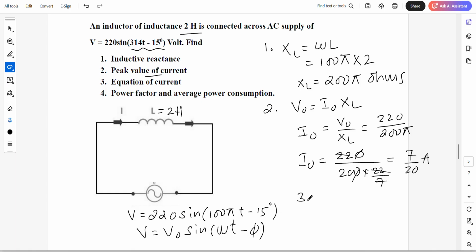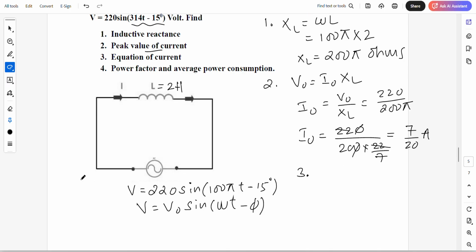Third one is equation of current. Yes, here in case of pure inductor, we know that if this is current, this will be voltage. This is voltage, and voltage will always be leading by angle pi by 2. How to write the equation of voltage?